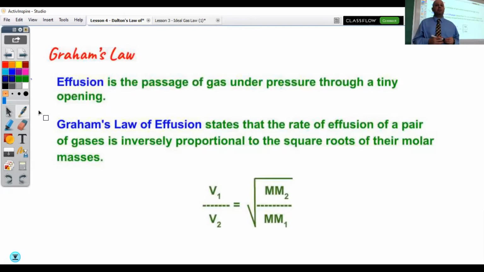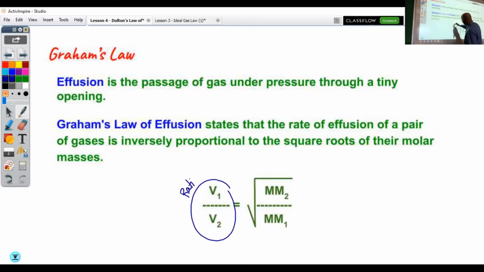When we solve Graham's law problems, we'll end up solving for this ratio. So we won't identify a particular velocity of a gas. Instead, we'll say that one gas escapes or effuses 3 times faster, twice as fast as another gas.